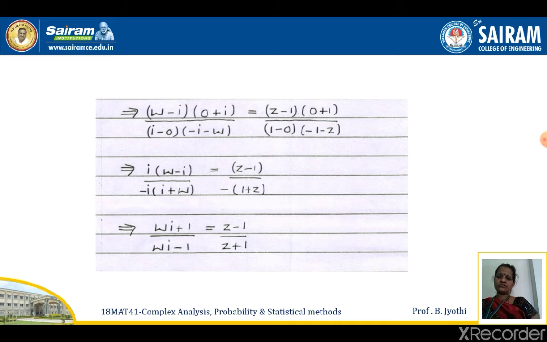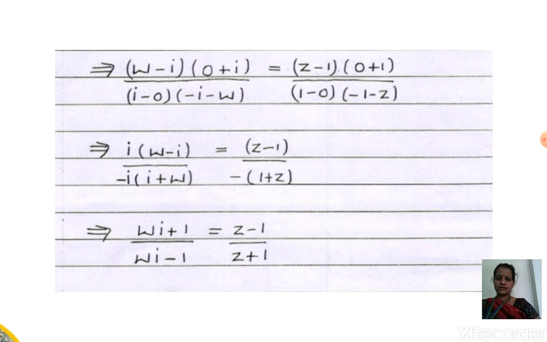The minus can be taken to the left hand side or multiplied on both sides, so that in the second step we have (Z minus 1) by minus of (1 plus Z). So in the next step this minus gets eliminated, and we get (WI minus 1) in the left hand side is equal to (Z plus 1), that is in the denominator.